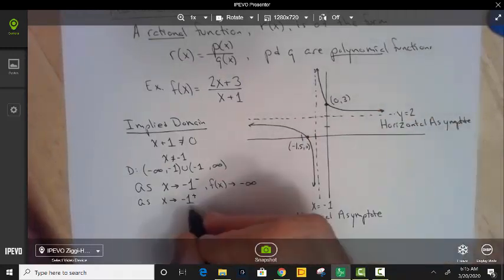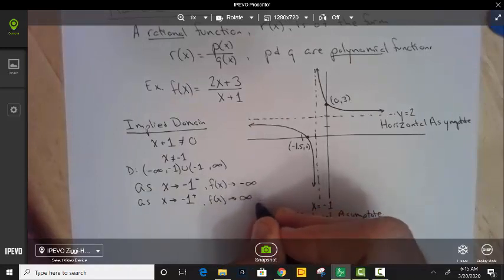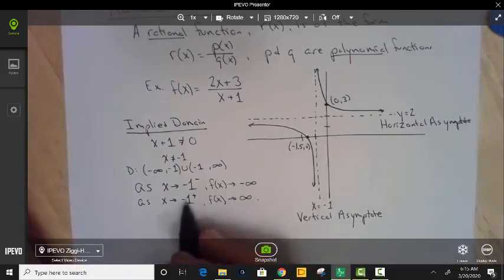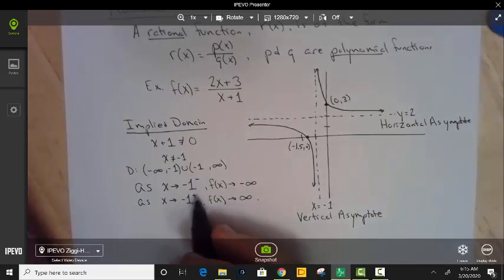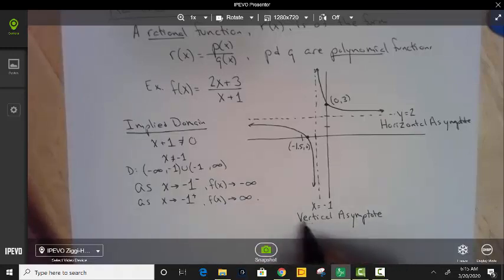So if we look at the right side of -1, the function approaches infinity. So if we ever have a given value on the x-axis where approaching from the left or the right causes the y values to approach either positive or negative infinity, that's going to be the definition of where a vertical asymptote lies.